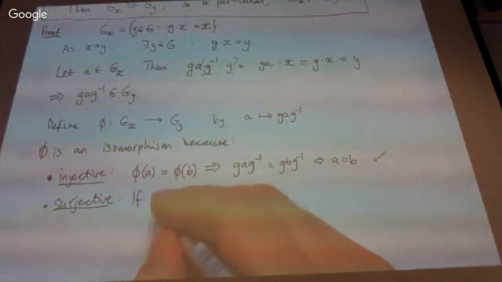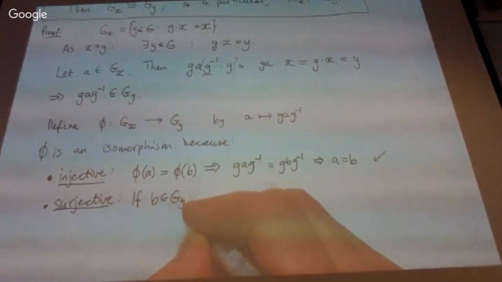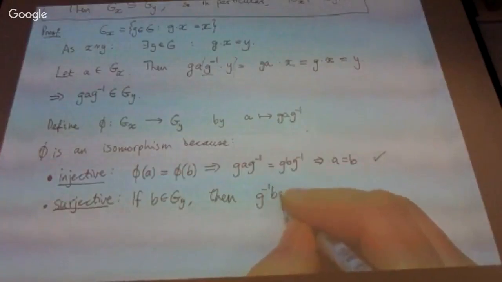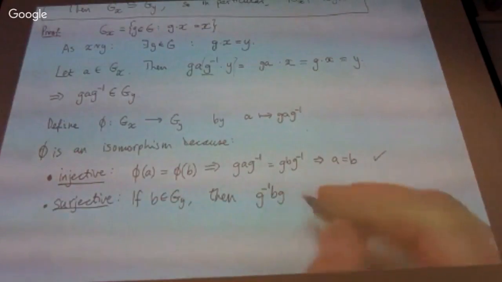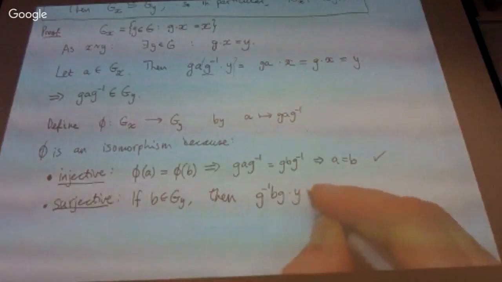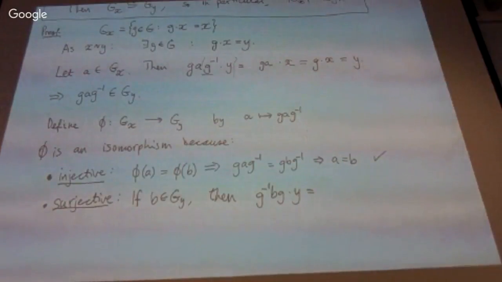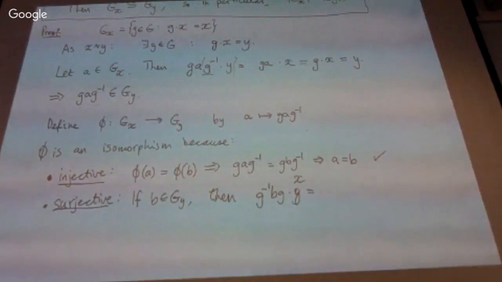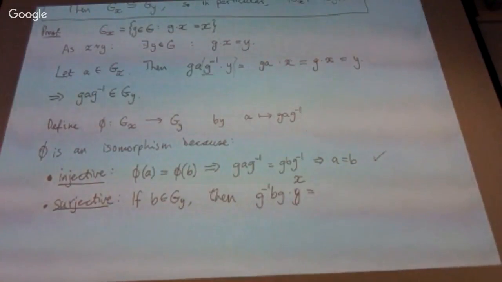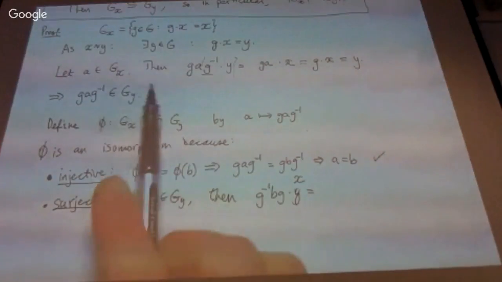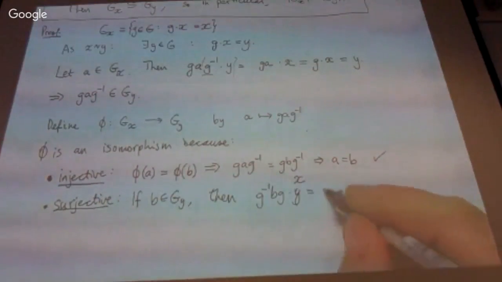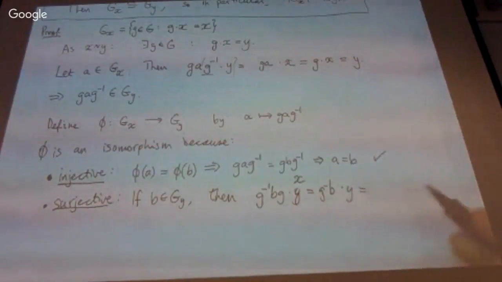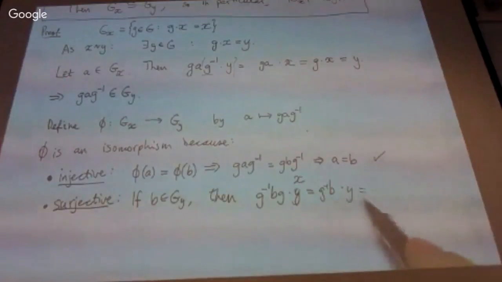So if b is in the stabilizer of Y, then g inverse b g, when it acts on Y, no, acts on X, sorry. By a similar argument as we had just before, this is g inverse b acting on g X, which is b Y. What's b Y?